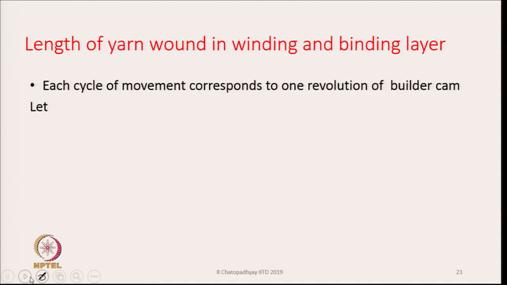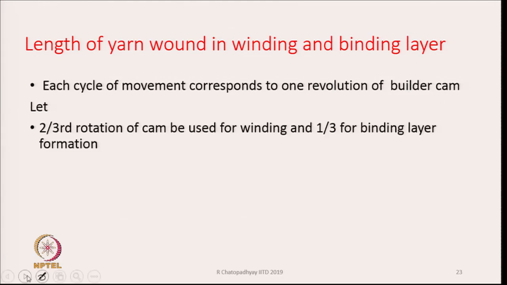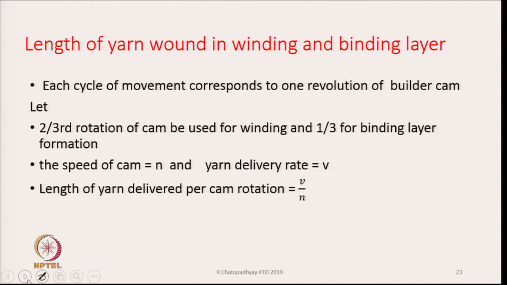Similarly, length of yarn wound in winding and binding layer, we can also find out easily. Each cycle of movement corresponds to one revolution of the builder cam. Let us say 2/3 rotation of the cam is used for winding and 1/3 for binding layer formation.